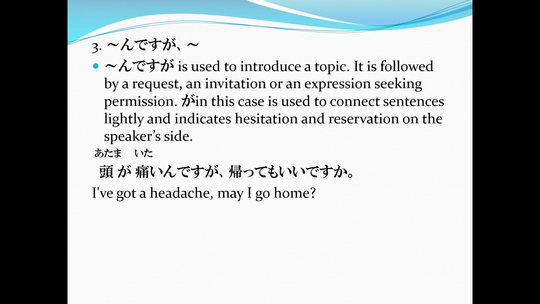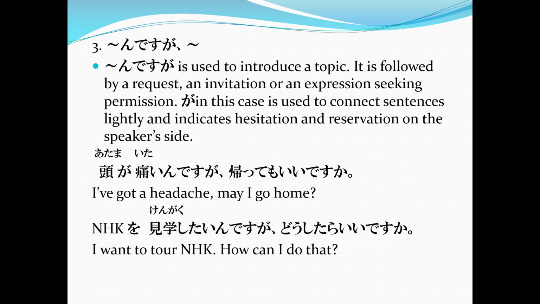Alright, and then another example we have is NHK o kengaku shitai desu ga doshitara ii desu ka? Again, NHK o kengaku shitai desu ga doshitara ii desu ka? So I want to tour NHK. How can I do that? So the speaker uses desu ga in the first sentence because he really wants to tour the NHK building, but he is quite hesitant in asking the listener what he or she could do.